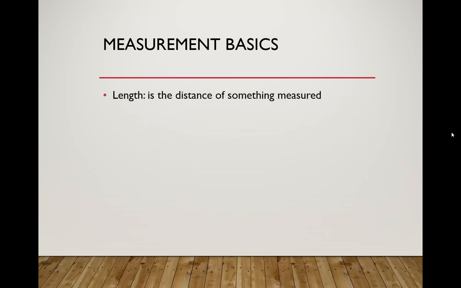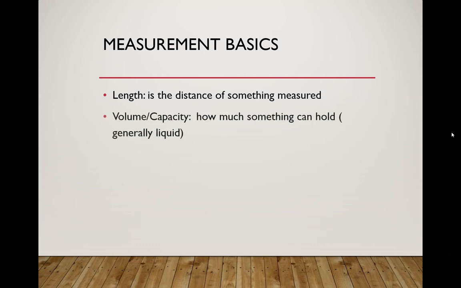Okay, so here are some measurement basics. Length is the distance of something measured. So it's like from here to there. How long is my desk? Volume or capacity is how much something can hold. It's generally a liquid. It's how much water fits in here, or how much water is in there, that type of thing.